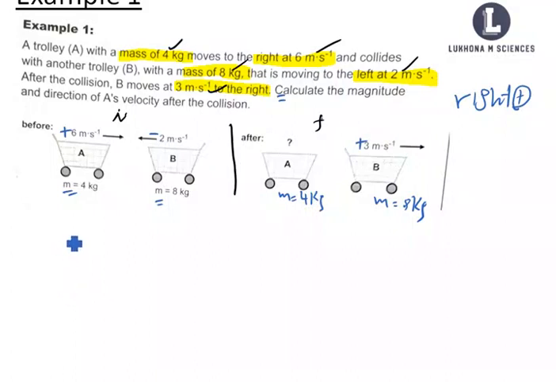The sum of the initial momentum is equal to the sum of the final momentum.